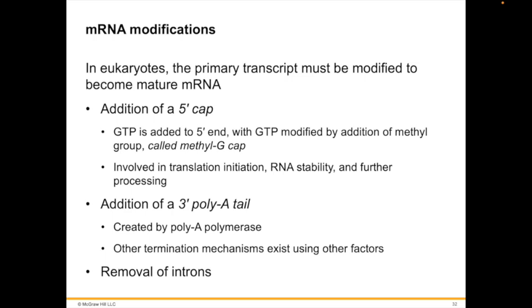The enzyme responsible for this is poly A polymerase. A complex of factors, including poly A polymerase, associates with the elongating polymerase via the phosphorylated CTD, that's the carboxyl terminal domain.